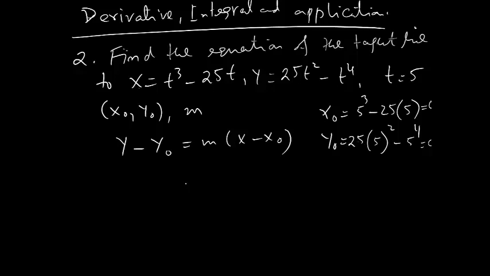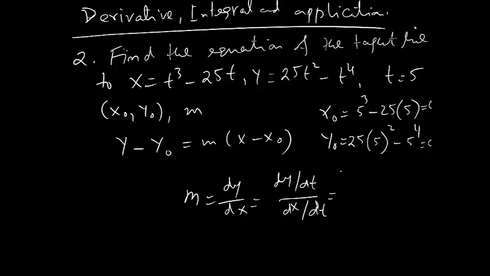Now we need to find m, and we know that m is dy/dx. So dy/dx is dy/dt over dx/dt. We have seen all of this already. So dy/dt will come from here, which is 50t minus 4t to the 3, and dx/dt is 3t squared minus 25, and in this case you need to say t equals 5, given already.